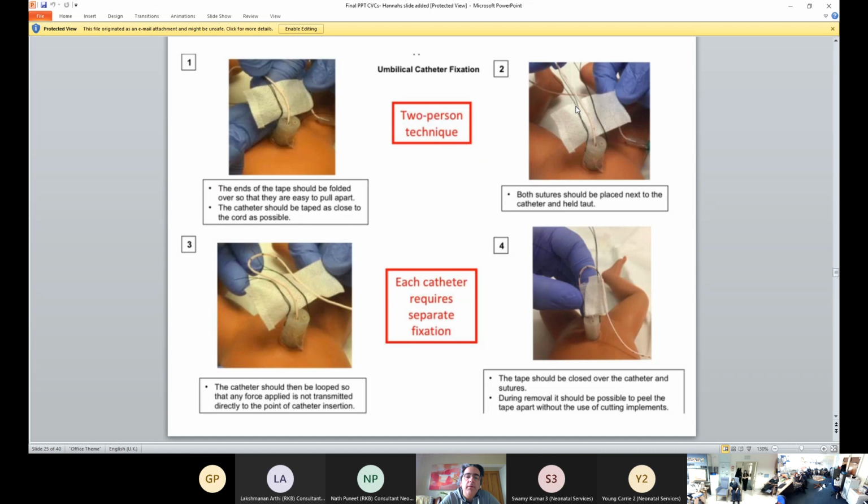You stick them to the tape, and then you loop this line down, and then you close it, and you do this for the UVC separately from the UEC, so everyone will have its own securement.